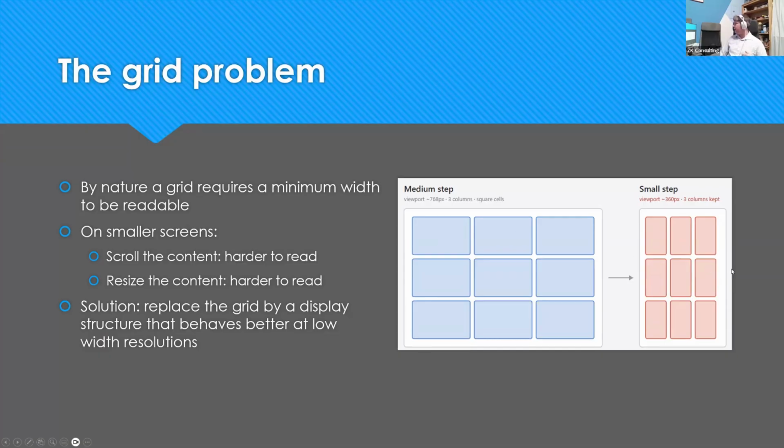If you try and take that design and you squish it down to the size where it would fit on, let's say, a phone screen, what you're going to end up with is either a scroll bar, because you will have to go from left to right in order to go see the rest of the content, or you're going to have content that is extremely condensed horizontally, which will inevitably lead to cells that extend vertically.